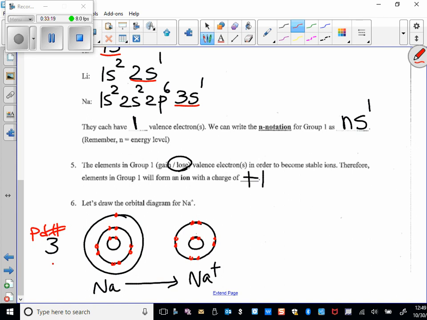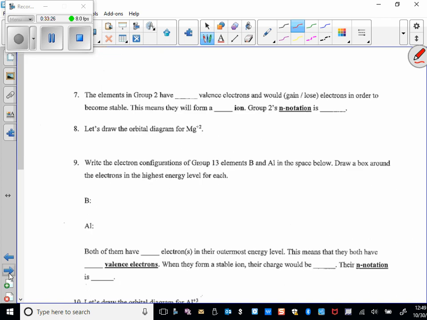Period number is 3. So how many circles will you draw? 3. Let's move on. Elements in group 2, beryllium, magnesium, have how many valence electrons? 2. Would they like to lose or gain to get to 8? What would they like to do? Lose. This means they will form a +2. What will be the ns notation? ns2.